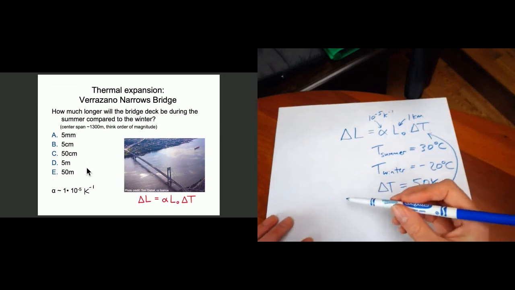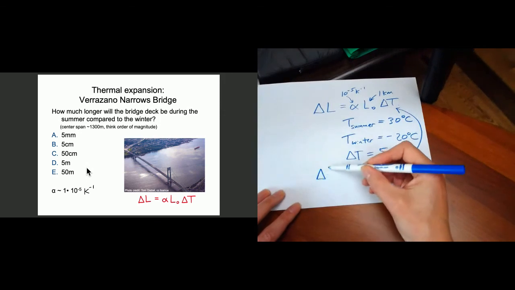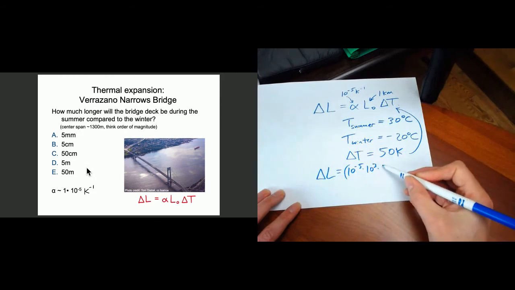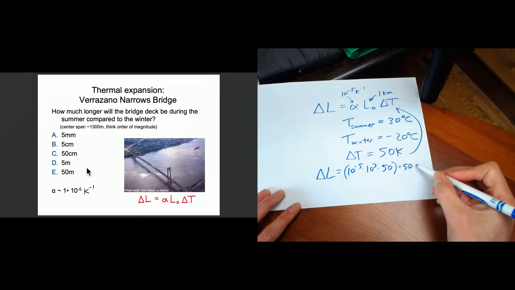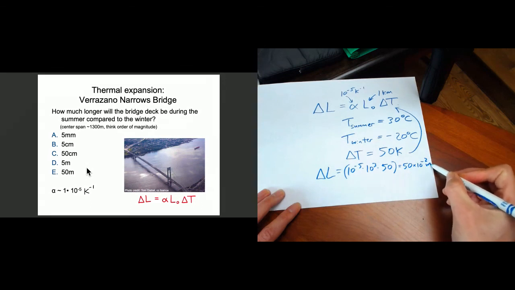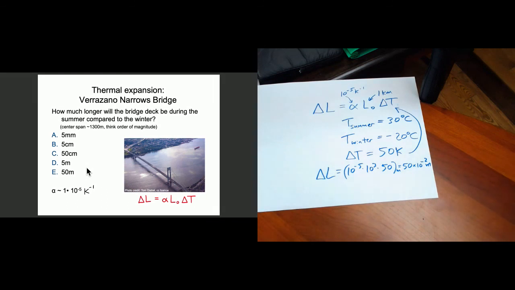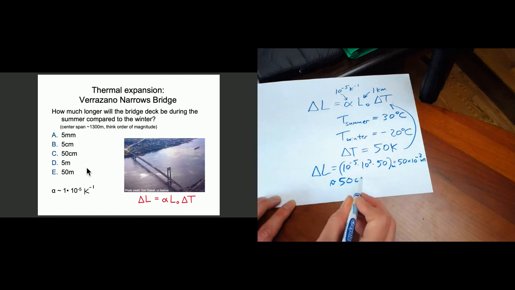We just multiply all those together: delta L equals 10 to the minus 5 times 10 to the 3 times 50, so that's 50 times 10 to the minus 2 meters. We're using SI units for everything, so the final answer is in meters. 10 to the minus 2 meters is a centimeter, so our answer is 50 centimeters.